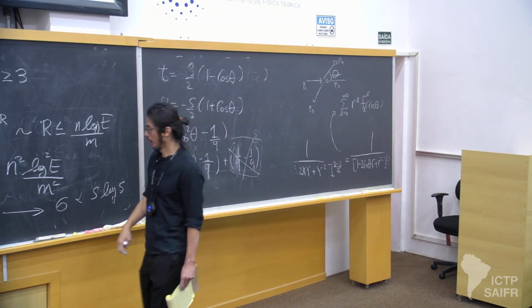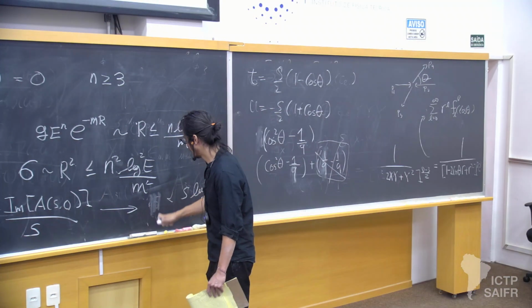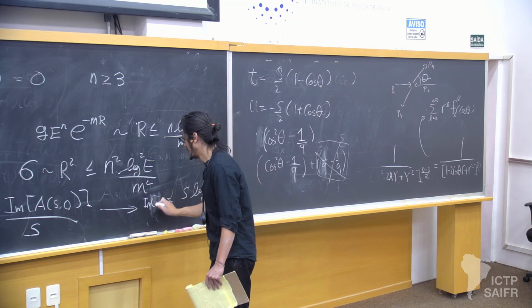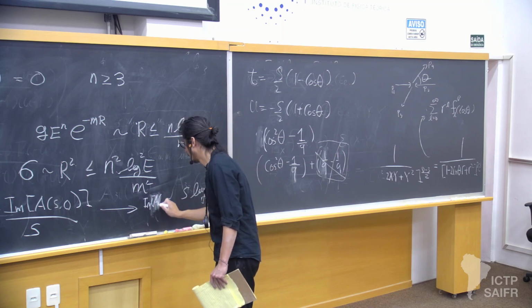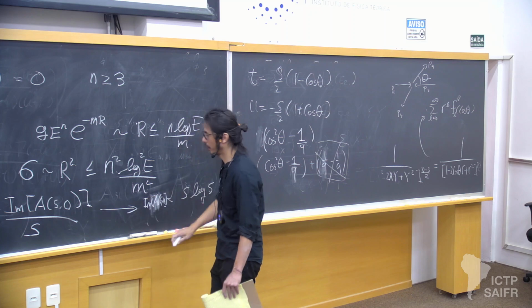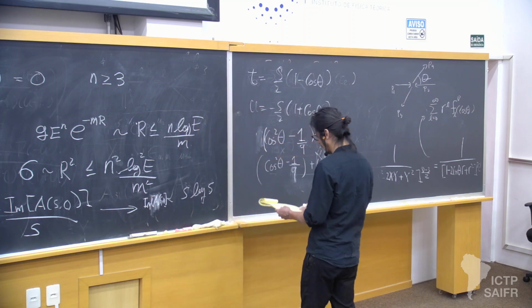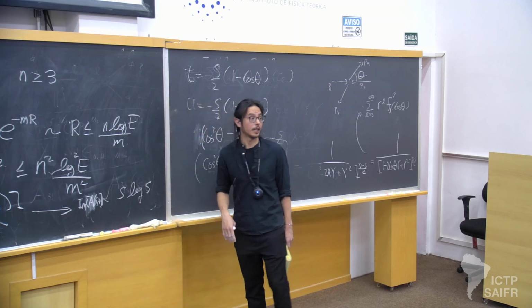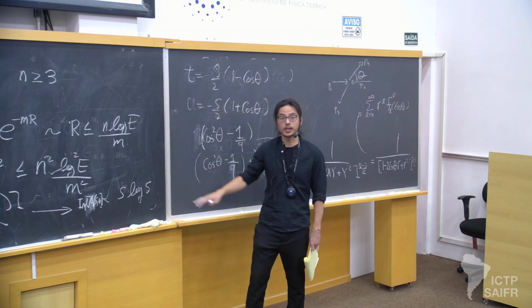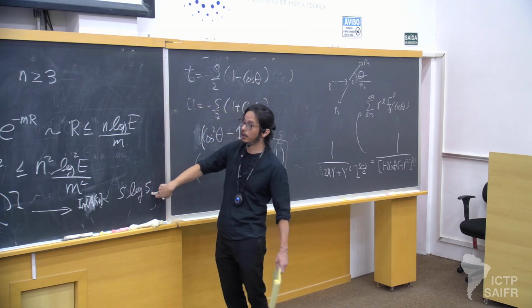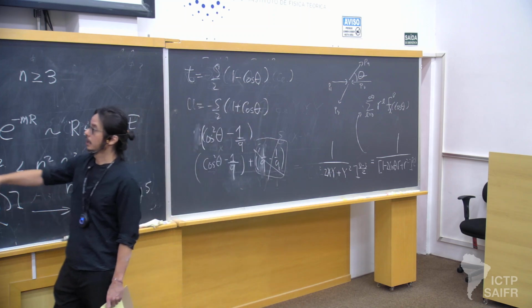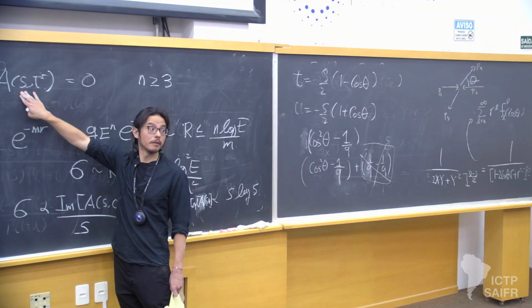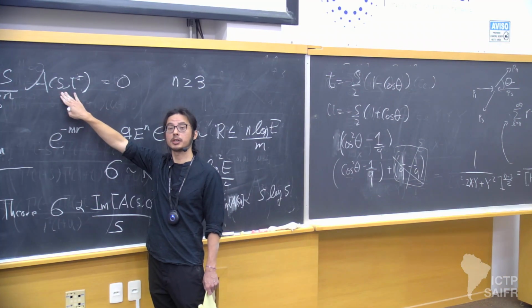Or I can replace this by the imaginary part of my forward amplitude: sorry, it's the imaginary part that is bounded by s log s. So first of all, since it's bounded by s log s, that already tells you that this function should be bounded as s goes to infinity. And it's actually bounded by a polynomial of relatively low degree.